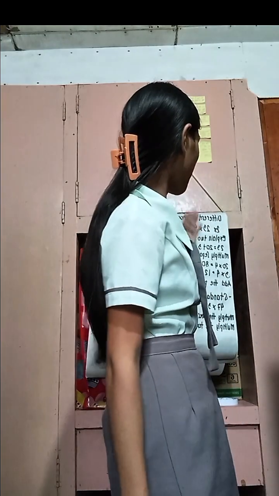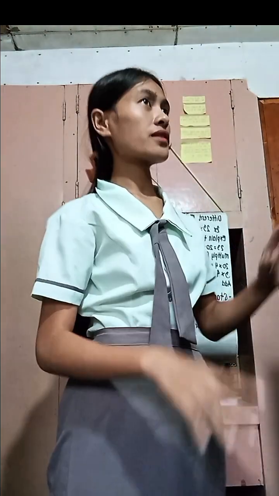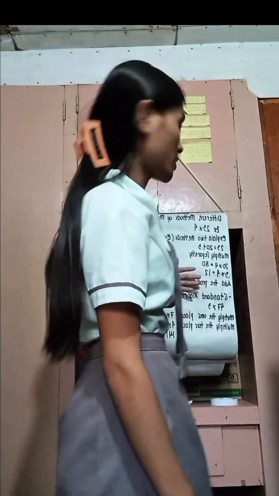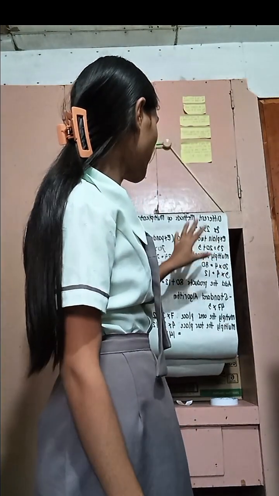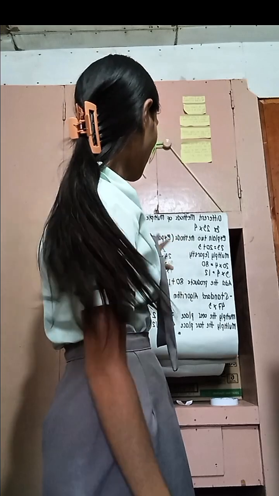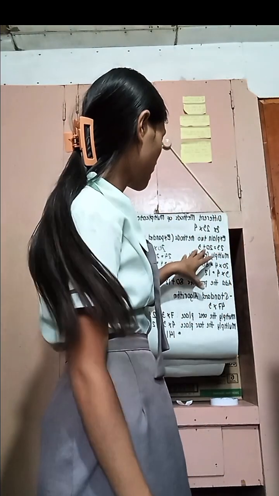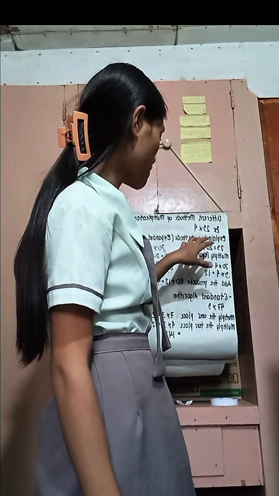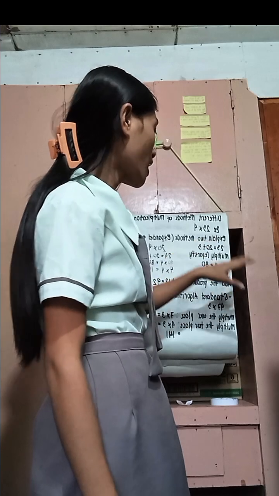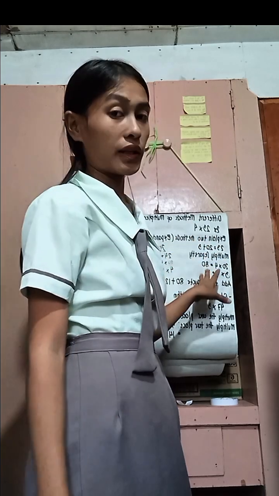Let's discuss first the first group's question. Their number puzzle is 23 times 4, and they say the answer is 92. Let's check if it is correct or not. I will explain two methods. First is the expanded form. 23 equals 20 plus 3, multiplied separately.